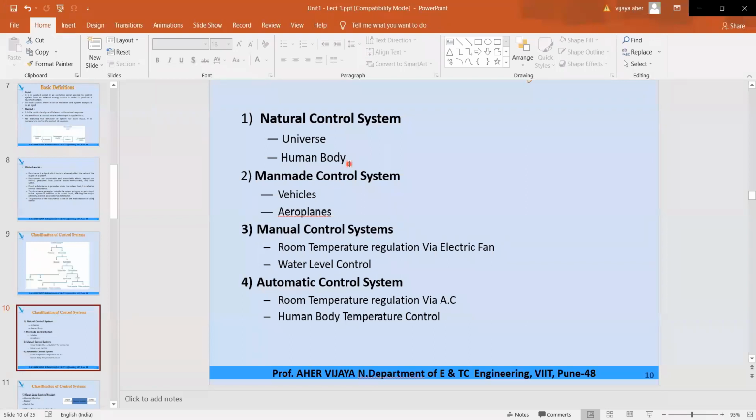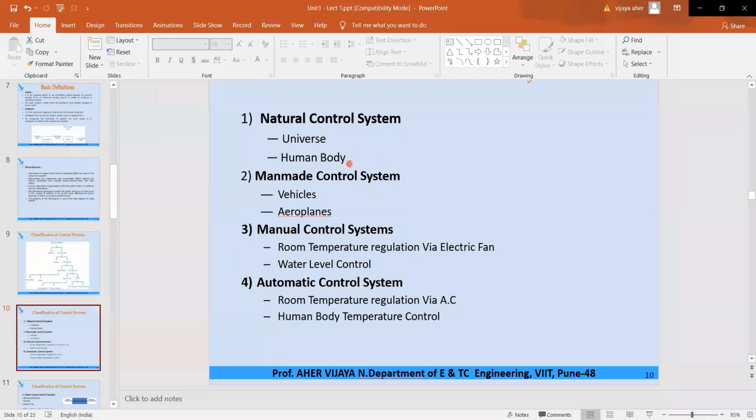Look, the first wave of Covid went, the second wave also went, and now the third wave has come. We cannot control all these things, right? Because there is no control in our hand. So this is a natural control system, universe.